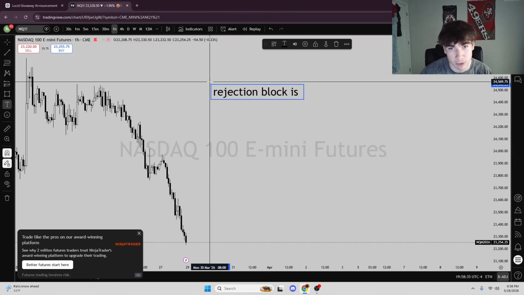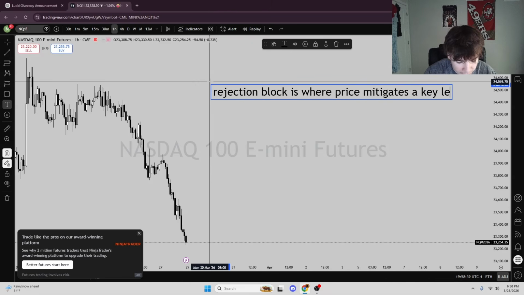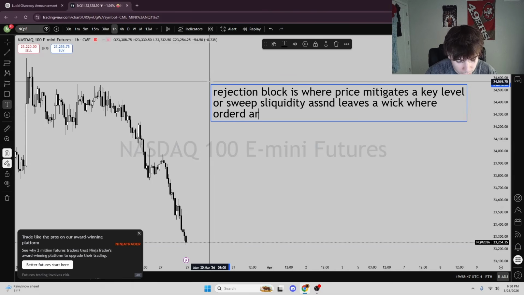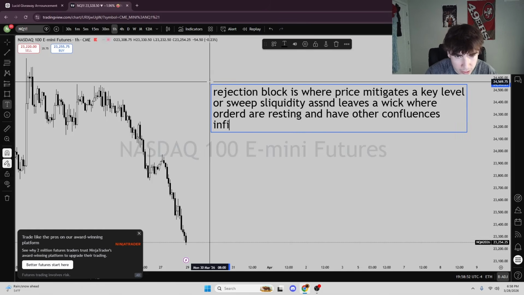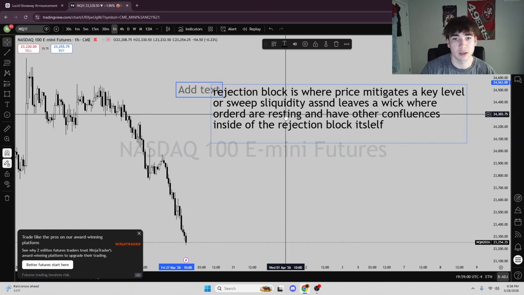But a high time frame rejection block is where price mitigates a key level or sweeps liquidity and leaves a wick where orders are resting and have other confluences inside of the rejection block itself.